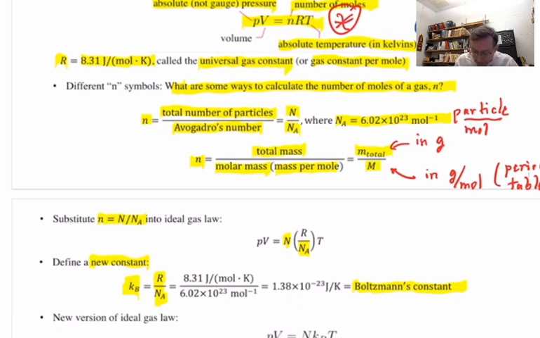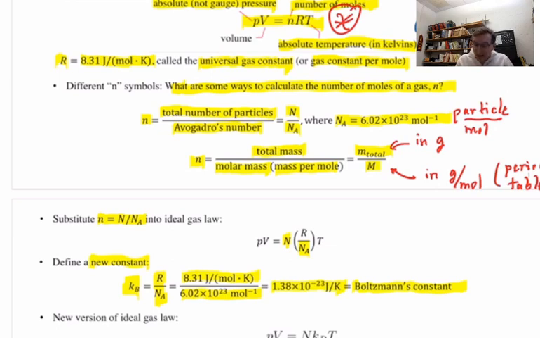And so, plugging in numbers, the gas constant per mole, 8.31 joule per mole Kelvin. Avogadro's number, 6.02 times 10 to the 23 particles per mole. Particle isn't a true unit. And you get 1.38 times 10 to the minus 23 joule per Kelvin.